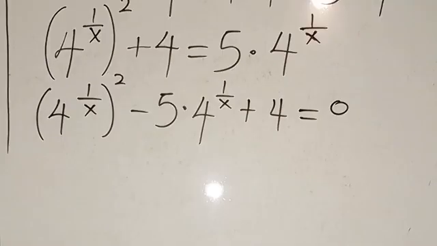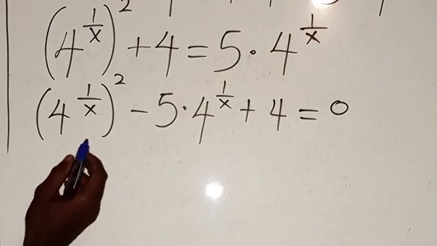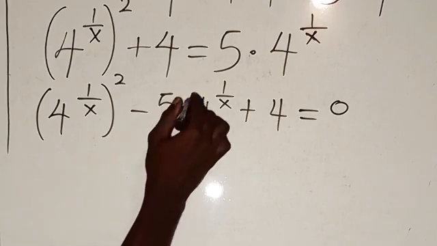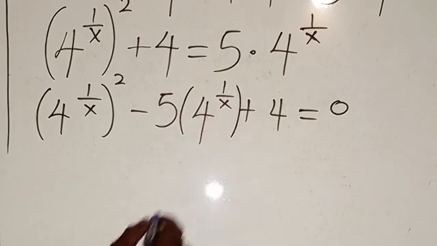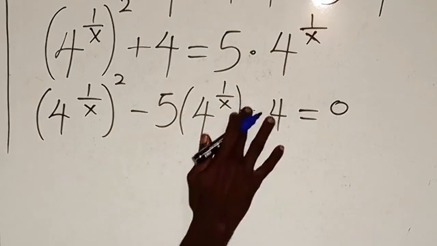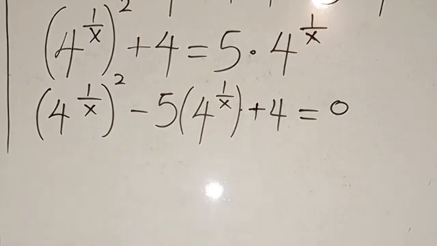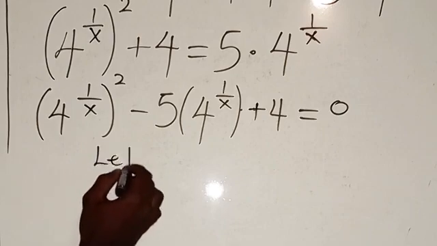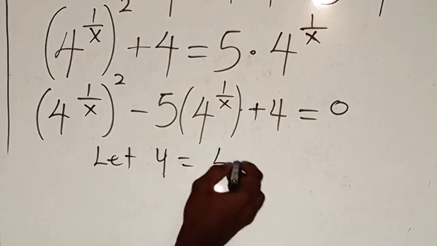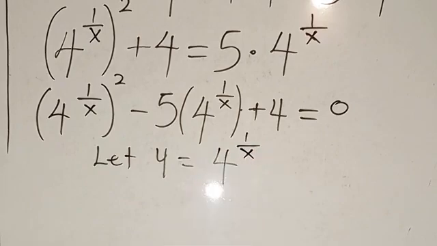So now from here, the next thing we are going to do. We can see that here, if I put the parentheses here, this is telling us that we are having this and this the same. So let y equals 4 to the power of 1 over x.